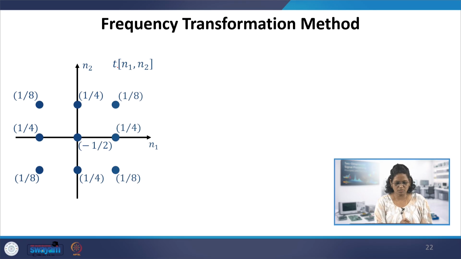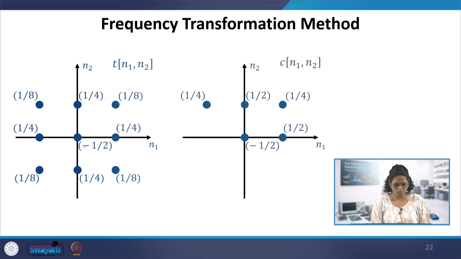For example, T of omega 1 omega 2 has this region of support. If we take T of omega 1 omega 2, plot it, and take the inverse Fourier transform, its coefficient C of n1 comma n2, taken as a linear combination of cosine functions, shows the independent terms which are available here.